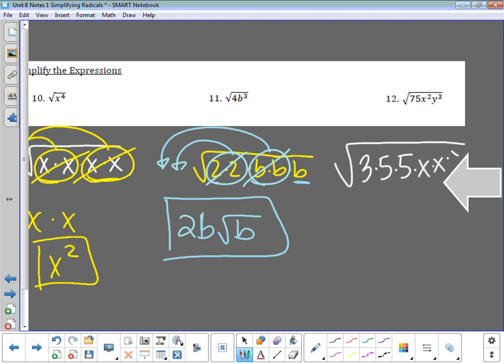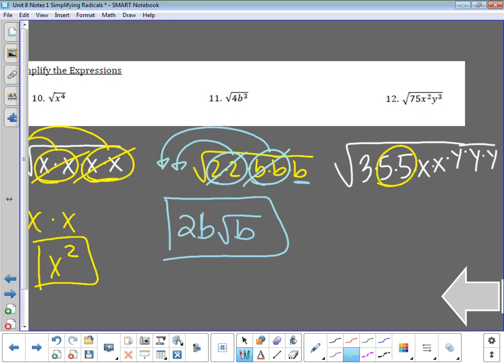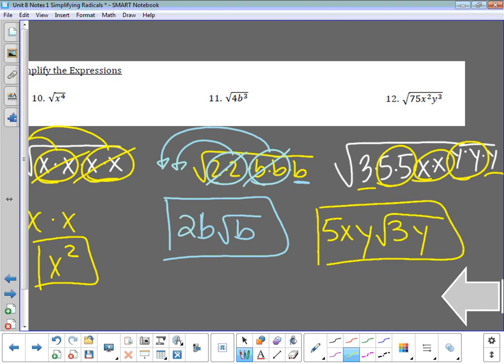Sorry, I'm running out of room here. Y to the 3rd is y times y times y. Move this down out of the way. And when I look for my pairs, I've got 5's, x's, y's. So I have a 5 out front, an x out front, a y out front, and a 3y left underneath. And there's my simplified expression.